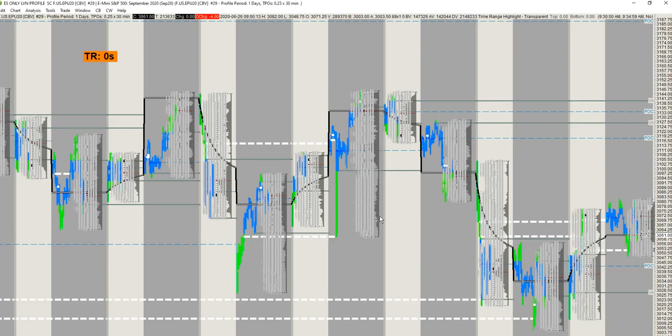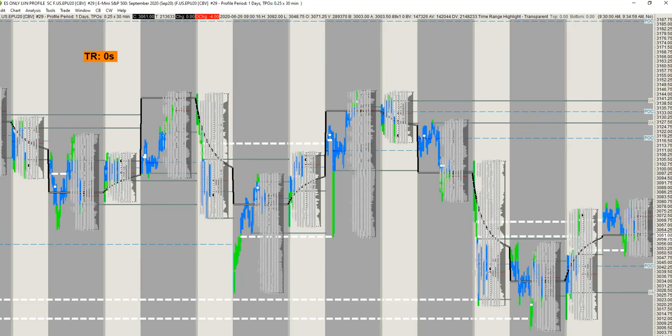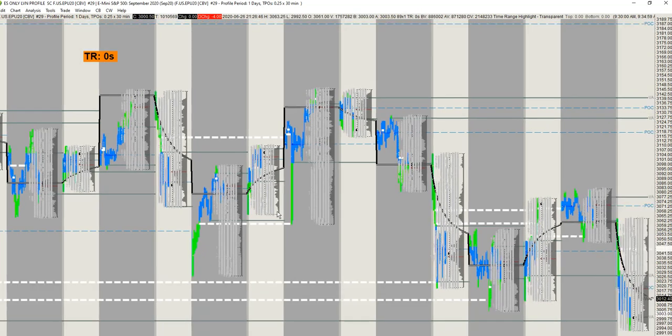If we look at ES, the way I look at the market here is we had this move down, right? So if we do it that way, this move down started here, right? It started on this day, which is June 23rd, where we had value here.